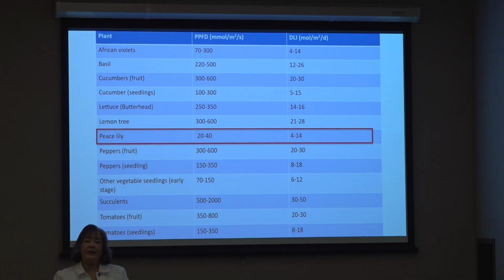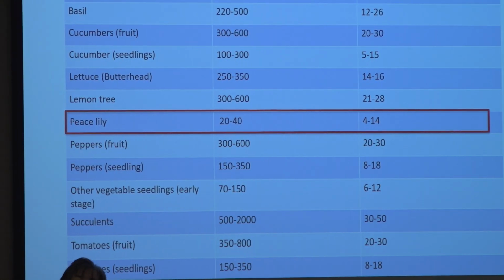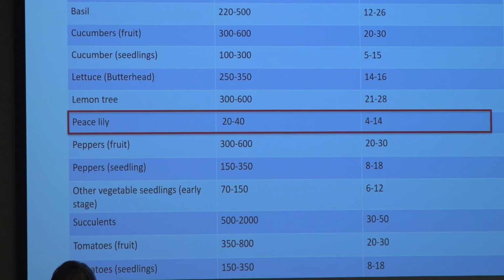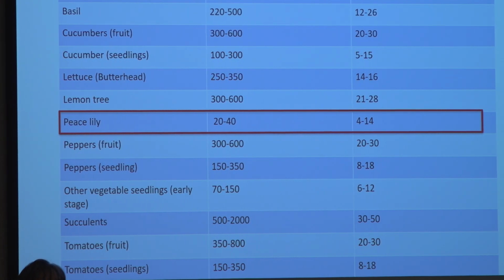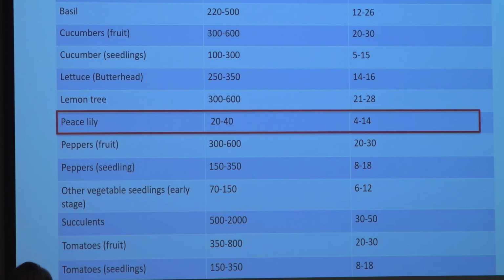Let's first look at peace lily. Peace lily should be known to a lot of you. It's a very common foliage plant. And I'm starting off with this because it's a low light plant. What does it need? It needs a PPFD of somewhere between 20 and 40 micromoles per meter squared per second, or a DLI of 4 to 14, which is the light per day.